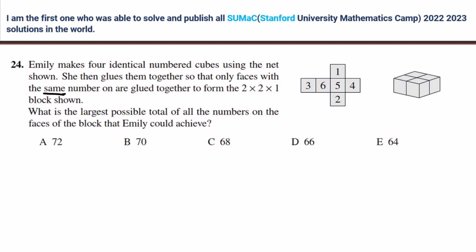So would the answer be C? Yes, because the best thing is to place 1 and 2 inside, but 1 and 2 are opposite, right? Yeah. 1 and 3 are adjacent, and look, we can consider 1 here, 3 here, or 3 here, 1 here.